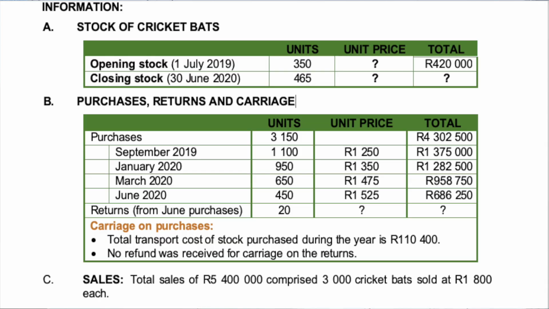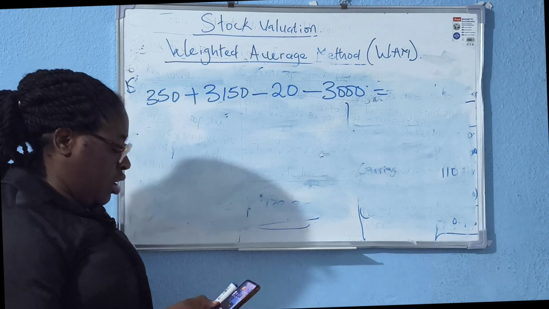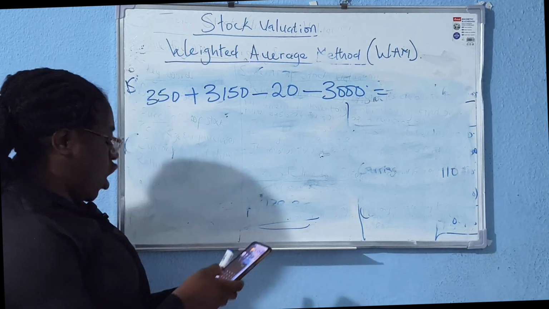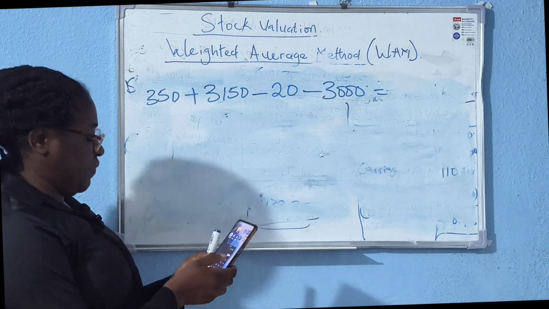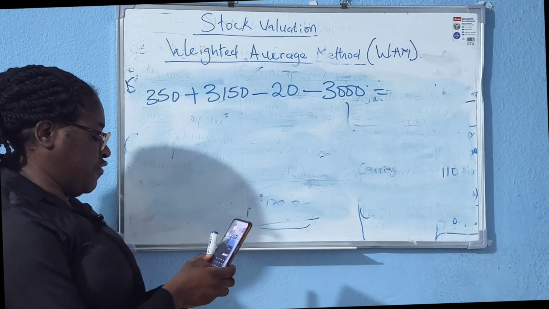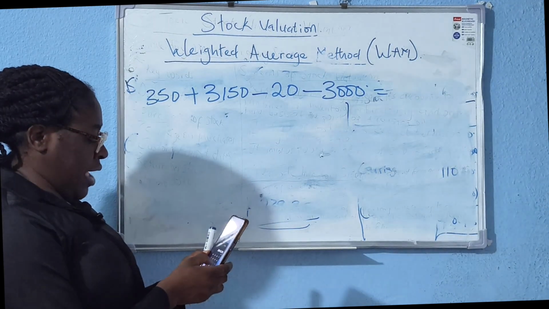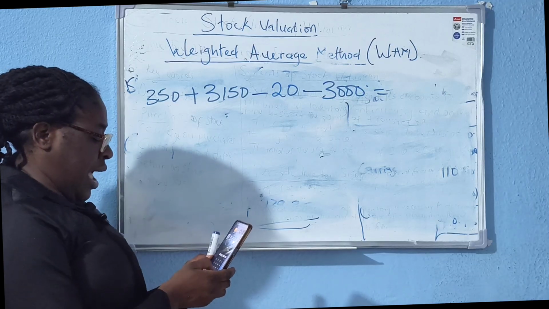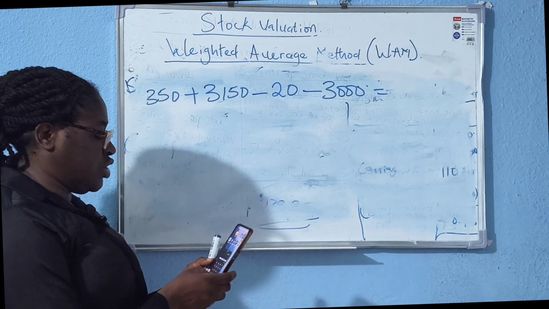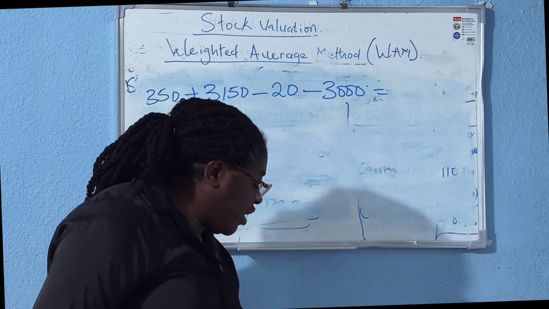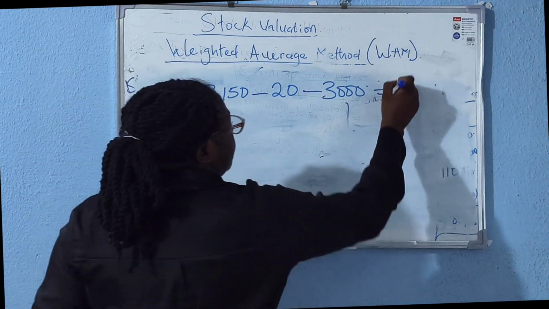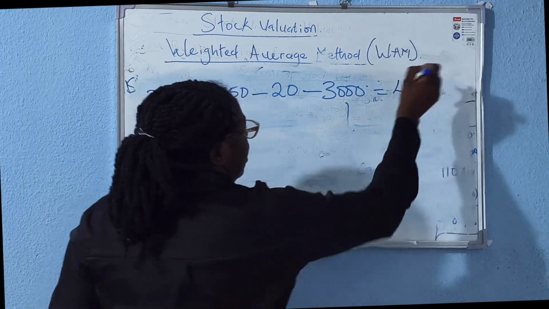So in doing this, we get the number of stock that we are supposed to have left in the business. So we say 350 plus 3,150 minus 20 and minus 3,000. The number of units we are supposed to have in the business was supposed to be 480 units.